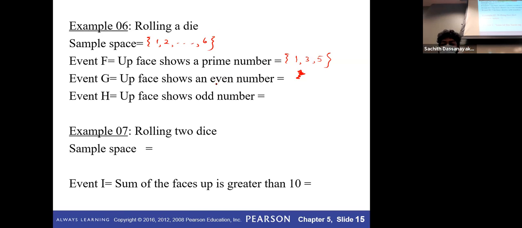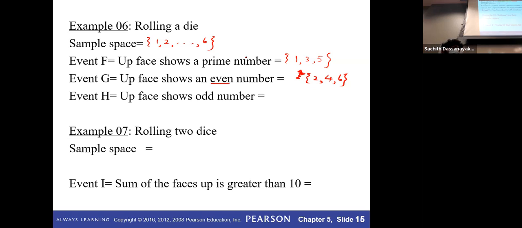Sorry, even numbers are 2, 4, 6. Just tell me if I'm wrong. I just saw the next one, that's why the problem. Odd numbers are 1, 3, 5. This is how you write it.